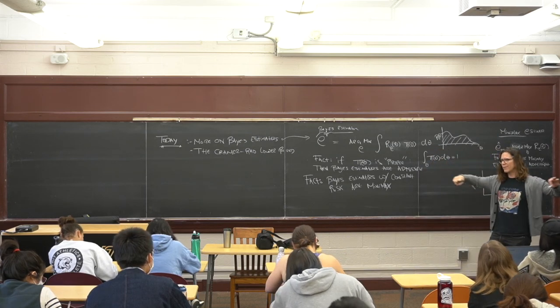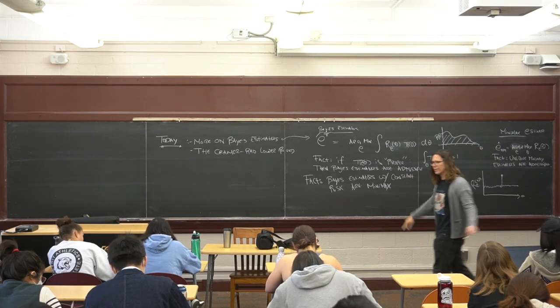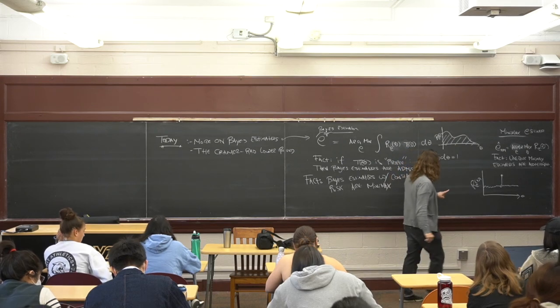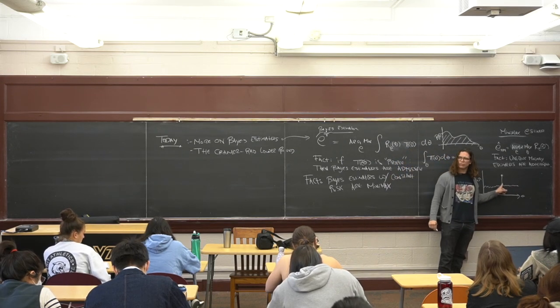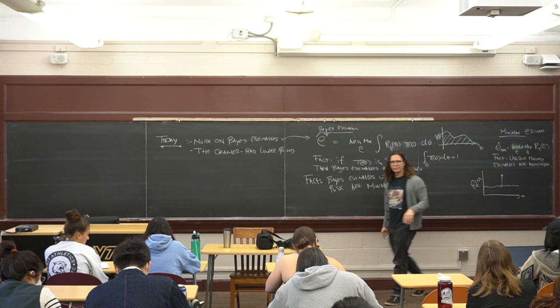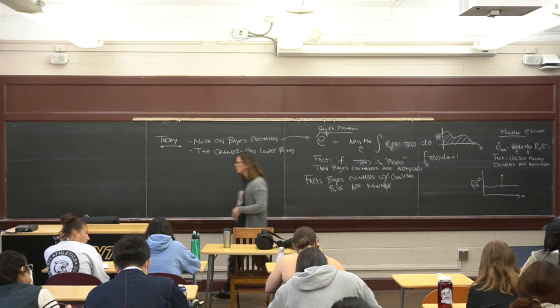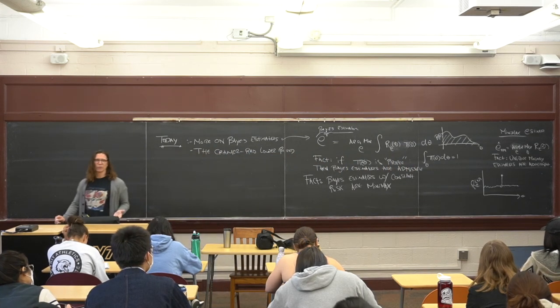So it goes through the maximal risk point right here. This estimator right here doesn't have constant risk, it jumps up at a point. So that's not constant. So what's an example of a Bayes estimator with a constant risk?